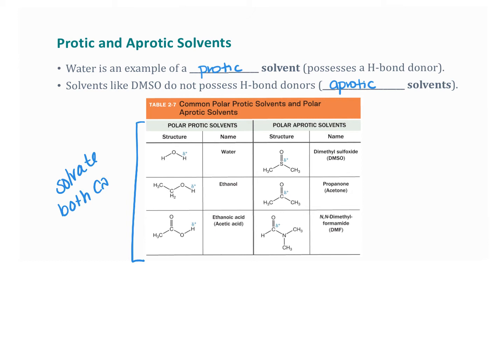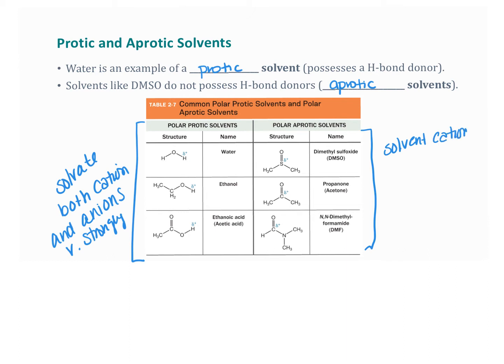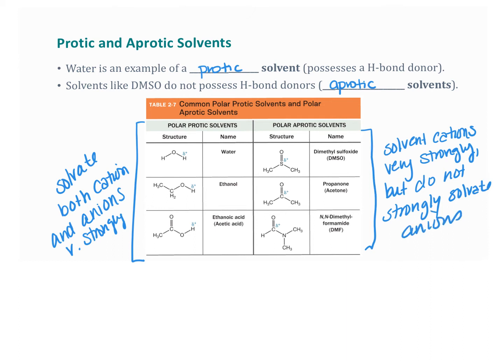Polar aprotic solvents, on the other hand, solvate cations very strongly, but do not strongly solvate anions. So there's a big difference there.